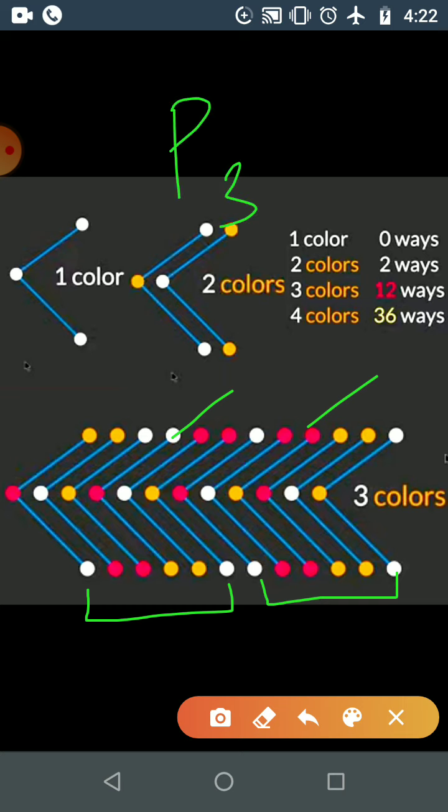Corresponding to P3, how many proper colorings exist when 3 colors are given? 12. And when 11 colors are given, then I think it will be 1100.